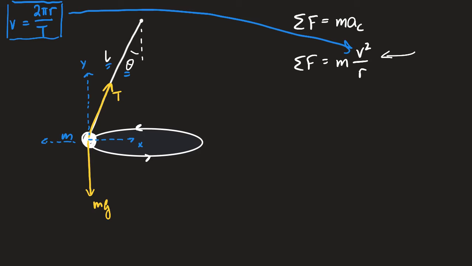Now, in this coordinate system, I think we're also going to have to break this up into net force in the x direction and net force in the y direction. Net force in the y direction is pretty easy. It's 0. And it's the net force in the x direction that's going to give us our mv squared over r.